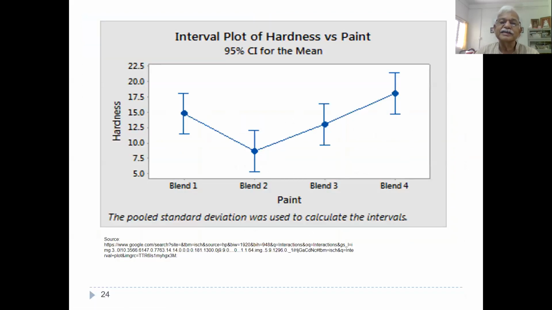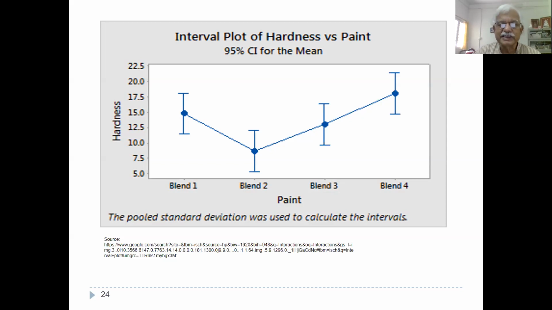Now, friends, you can show variations in the values of the dependent variable for different teaching methods, or as in this case, this is not the graph for the example which I gave you. This is a graph which I have taken from some other source.